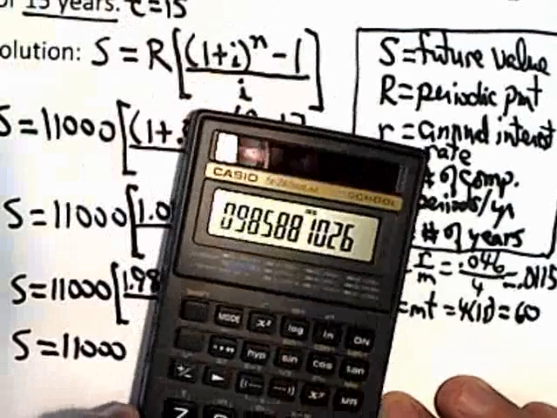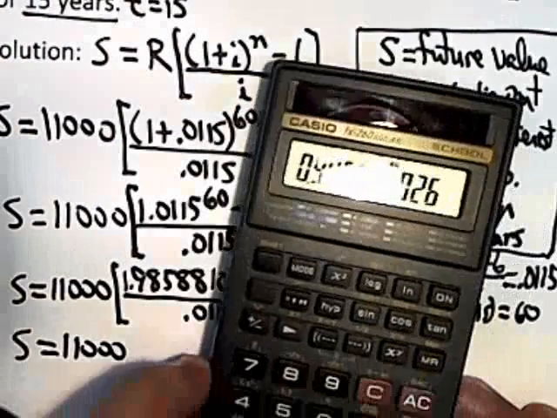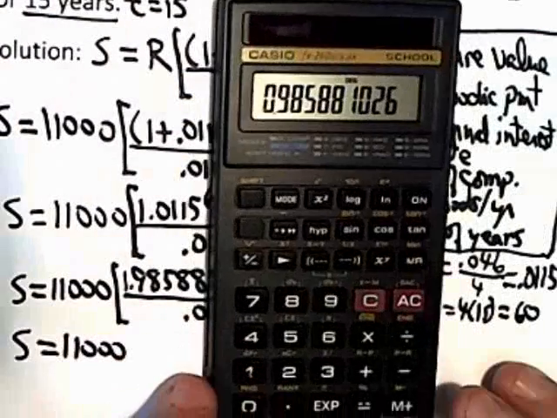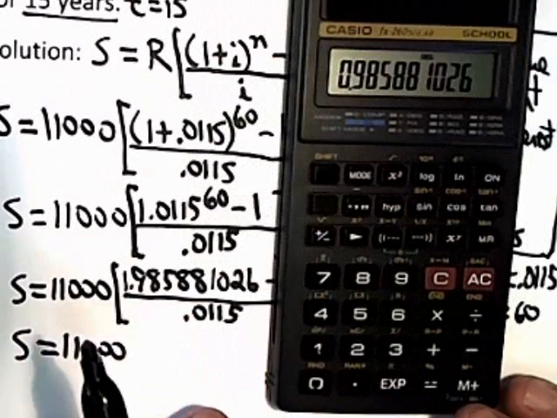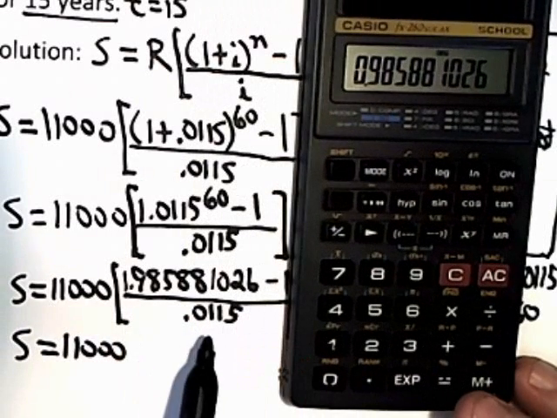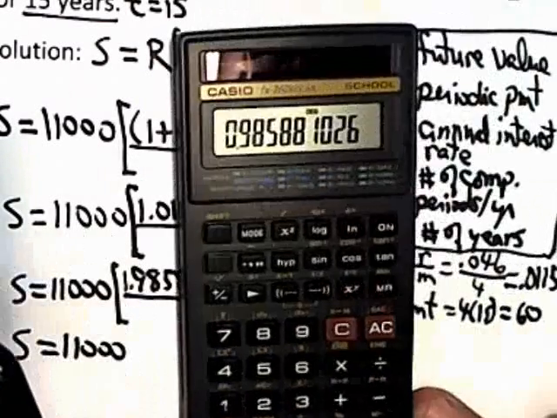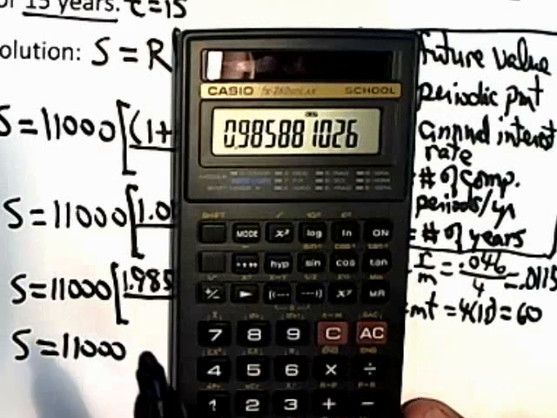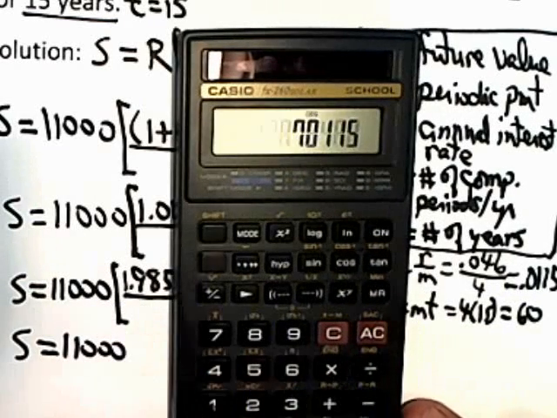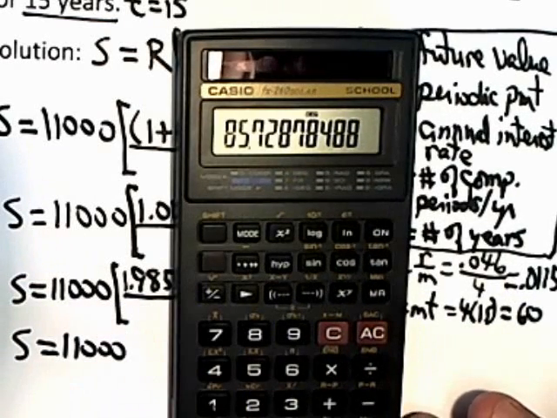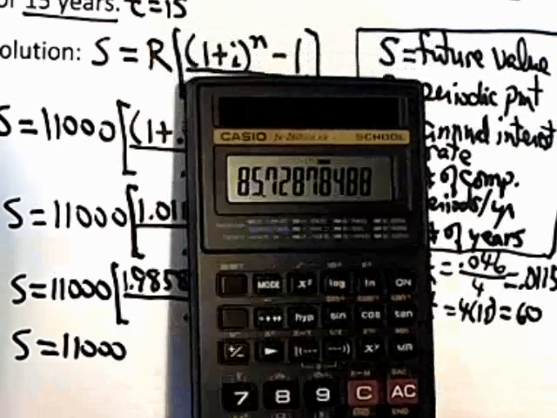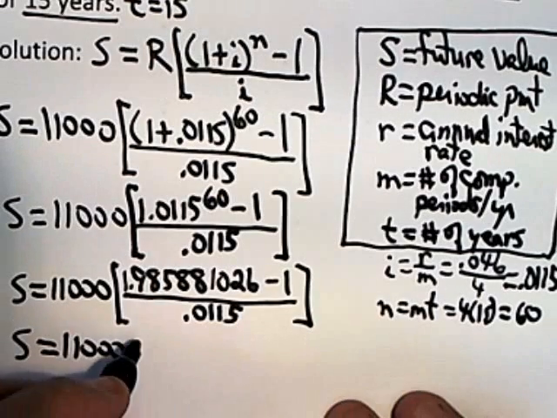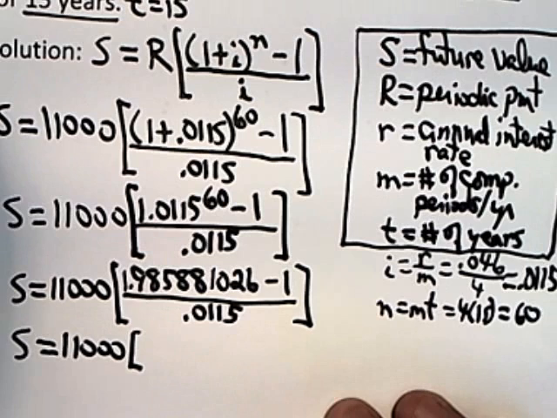And then I take that result, which is 0.98 and change, and divide it by 0.0115. So that amount that represents the value of that fraction is 85.72878488.